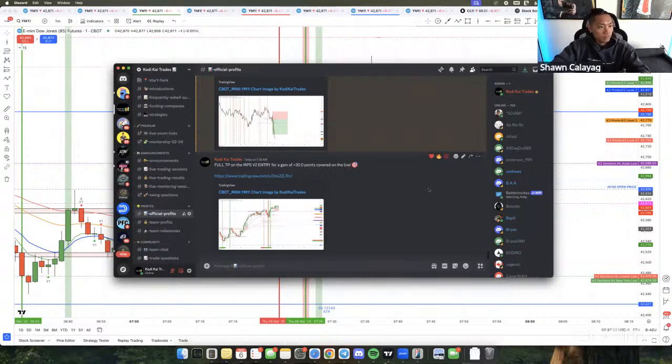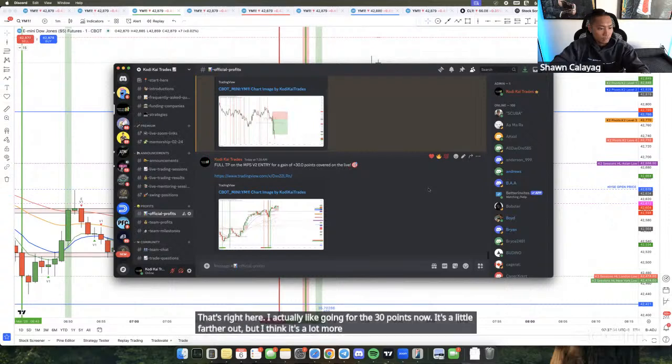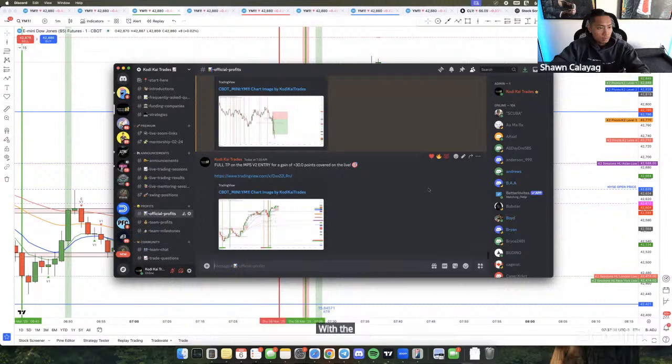It's right here. I actually like going for the 30 points now. It's a little farther out, but I think it's a lot more ideal. I'm gonna try to keep it to a 1-to-1 with the MPS V2s because it does make a big difference in the totals.